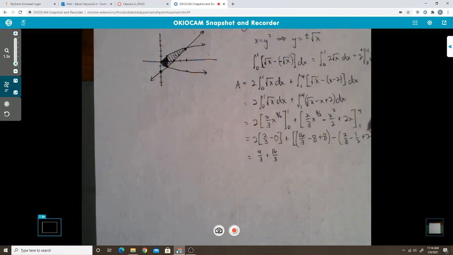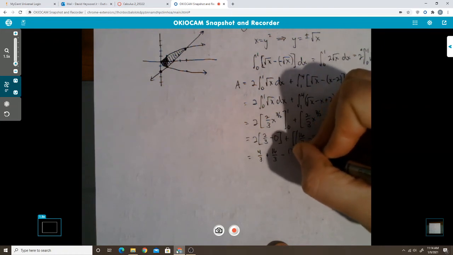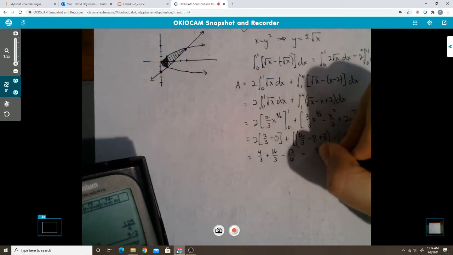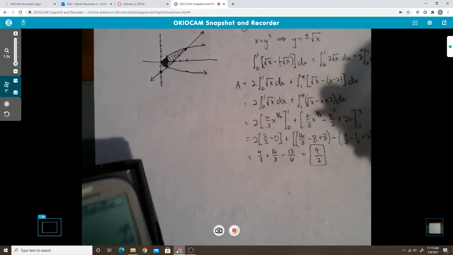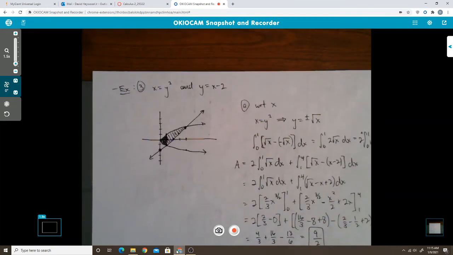Then 1/6 plus 2. 2 is 12/6, so 1/6 plus 12/6 would be 13/6. I'm going to punch this into my calculator. 4/3 plus 16/3 minus 13/6 is 9/2, right, 4.5. So that's if we integrate with respect to x.